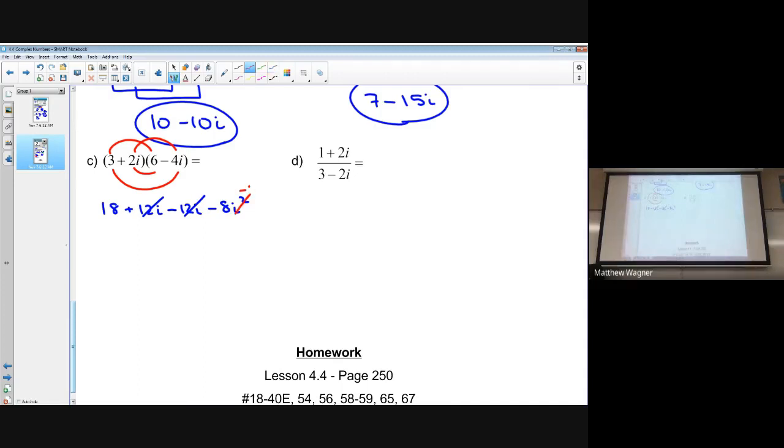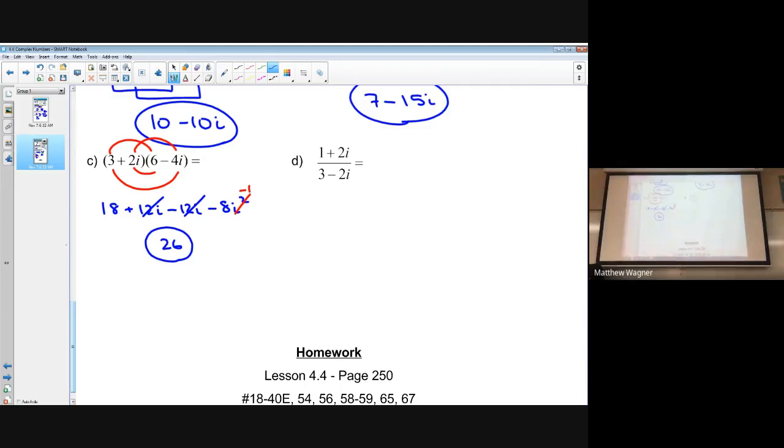We know i squared is in fact -1, so -8 times -1 is +8. 18 plus 8 is 26.